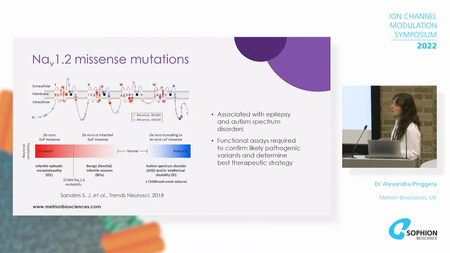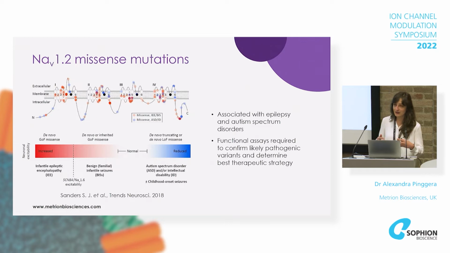More moderate gain-of-function mutations have been associated with benign, often familial seizures. The seizures also start very early on, in the first year, but then often stop by about 2 years, and the whole progression of the disease is much more moderate.